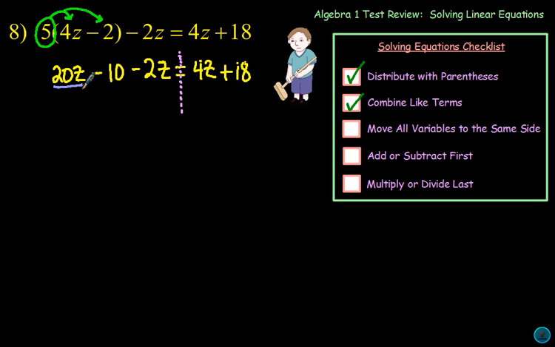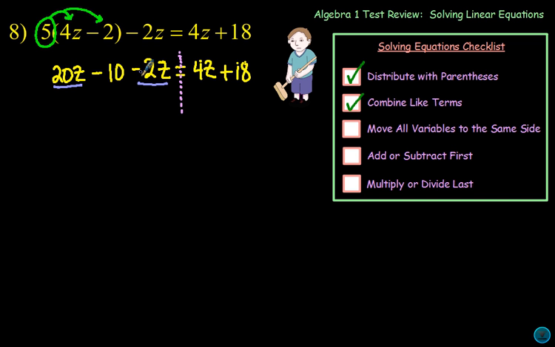I've got 20z and I've got negative 2z. Again, thinking about those positives and negatives, split the decision into two different things. First, decide if you have more positives or negatives. There are 20 positives and 2 negatives, so there are more positives.